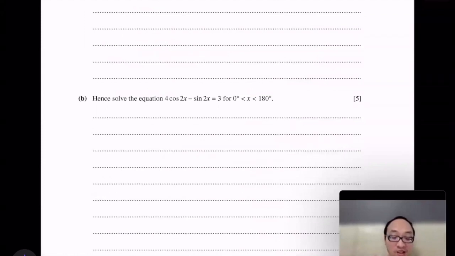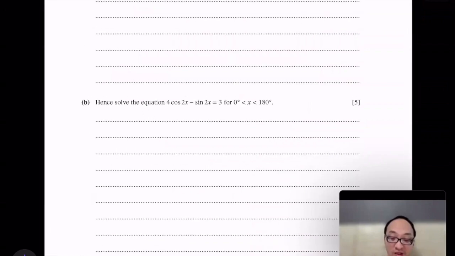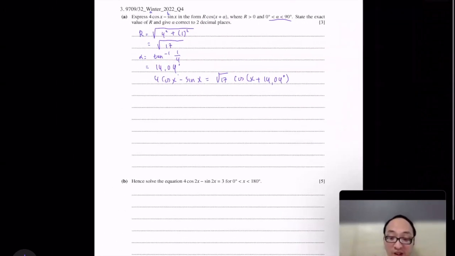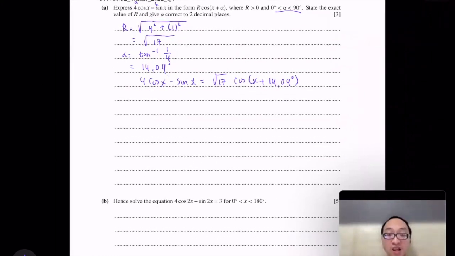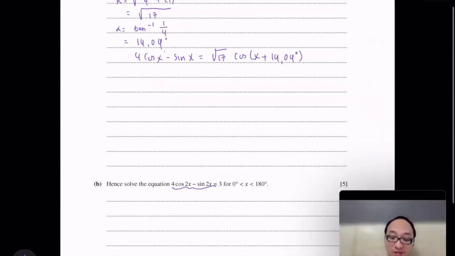B. Hence, solve the equation cos 2x minus sin 2x equals 3. Now, if we compare to the answer from A, the difference is between x and 2x. That means this form is also the same as the previous form, which is root of 17 cos(2x plus 14.04).